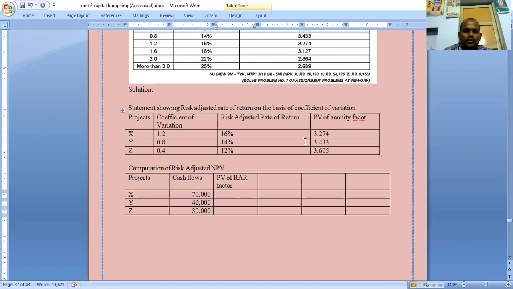So for X, 3.274; these are the rates we have to consider.